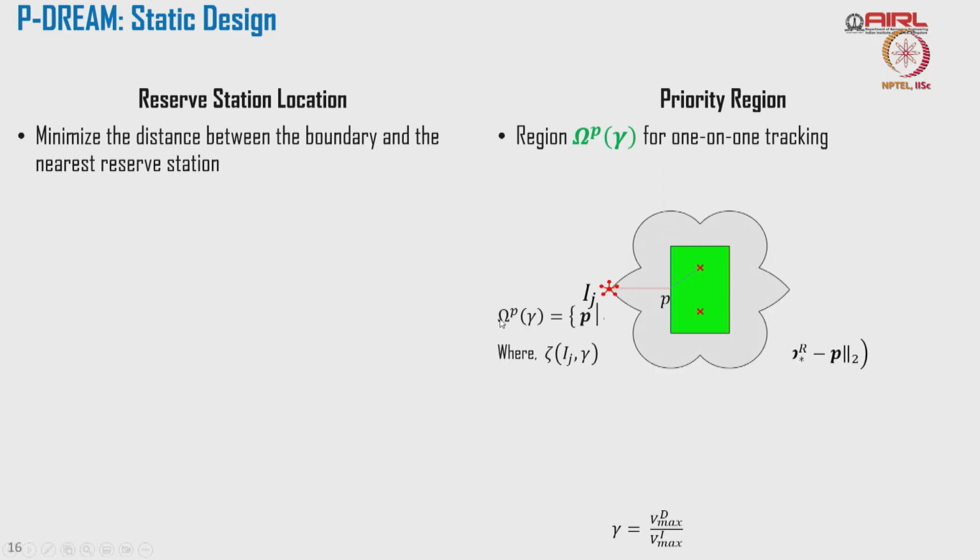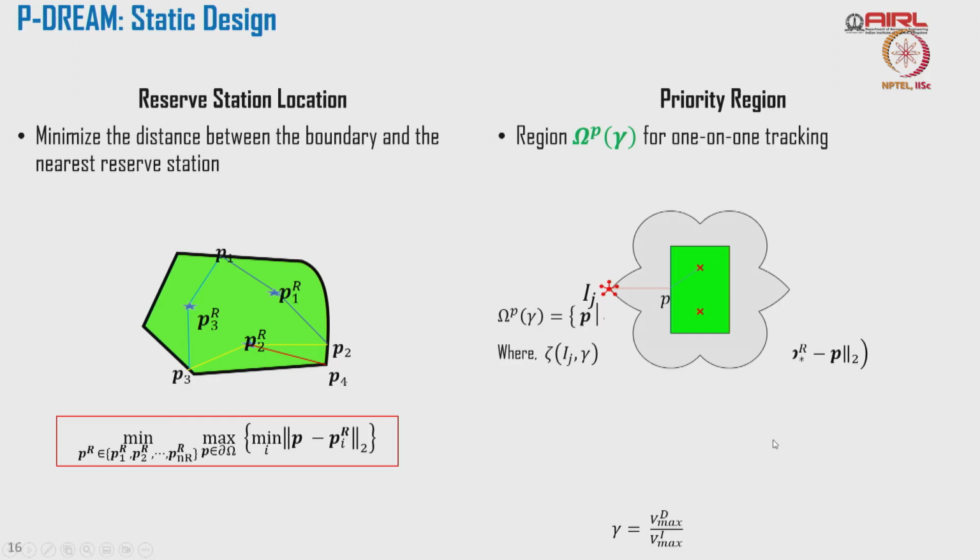Okay. So we make some assumptions. The velocity max of the defender is always greater than the velocity of the intruder. That is when you will be able to move, right. So where to keep the reserve stations, right. The reserve stations should be kept in such a way that there is a minimum distance they have to travel to reach the regions very effectively.